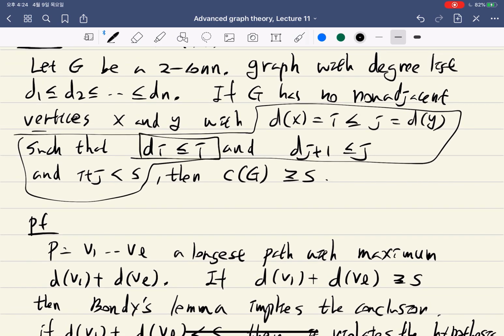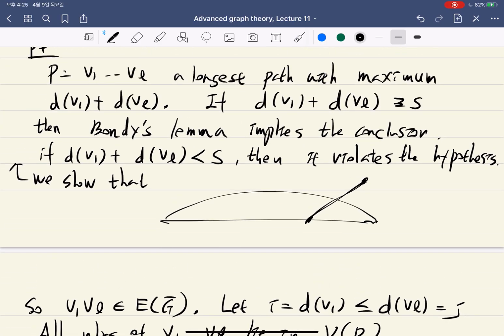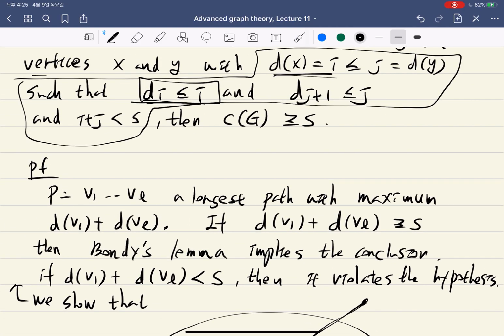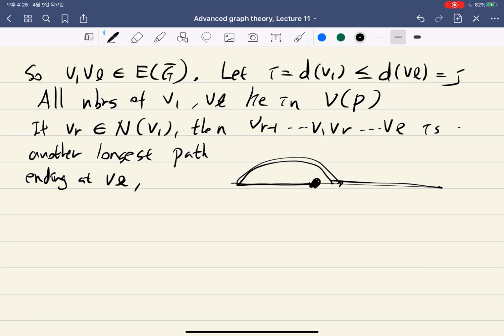So we want to find many vertices, i vertices with degree less than the end vertex, P1. So this provides some vertices with degree less than V1.